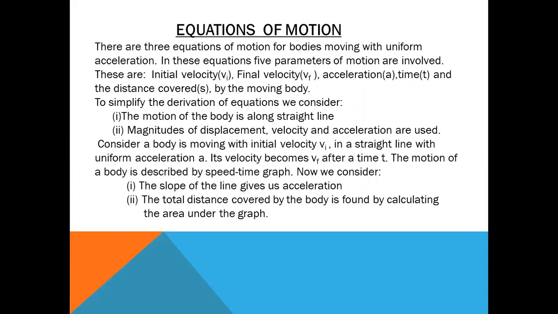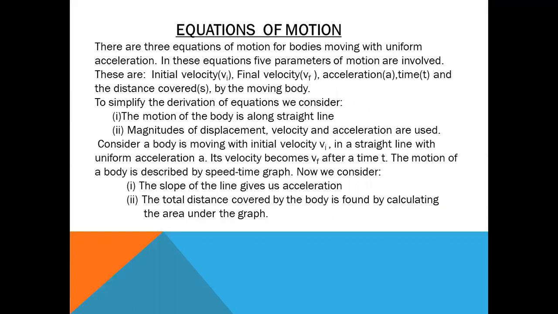These are initial velocity Vi, final velocity Vf, acceleration a, time t, and the distance covered S by the moving body. To simplify the derivation of equations, we consider two aspects.